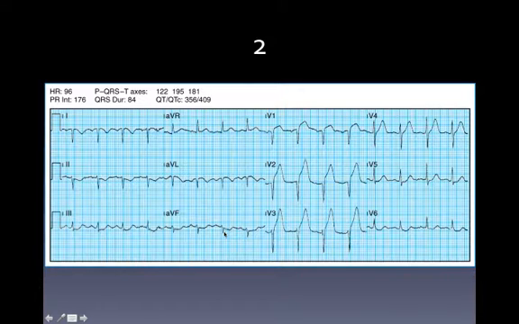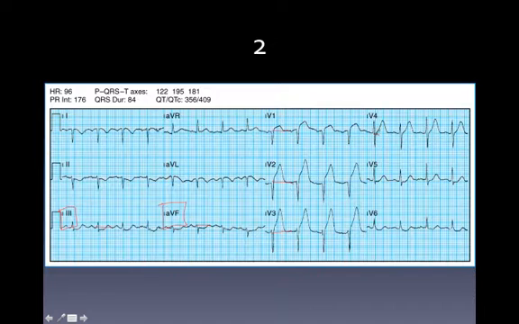This is number 2. Looking for elevation. I got depression. Maybe a little more depression here. Elevation, elevation, elevation.